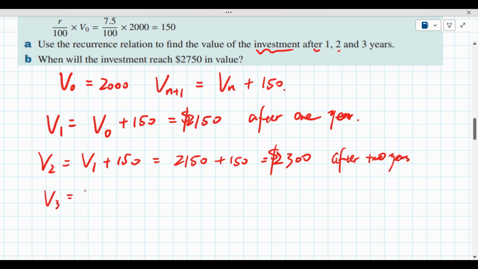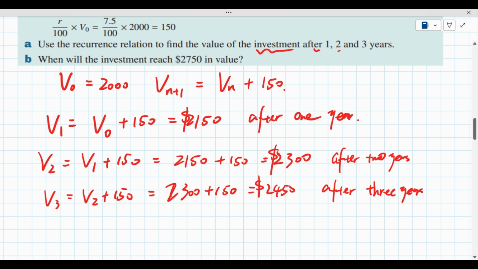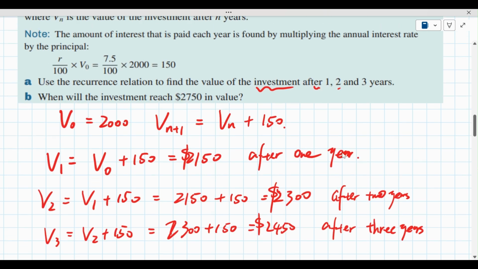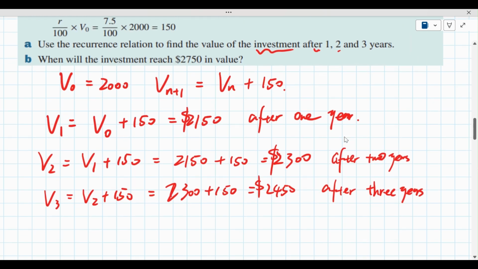V3 is 2300 plus 150, which equals $2,450 after 3 years. You can also use the CAS to calculate this as well, and I will show you how. We just keep adding on: plus 150, plus 150, plus 150, and so on.